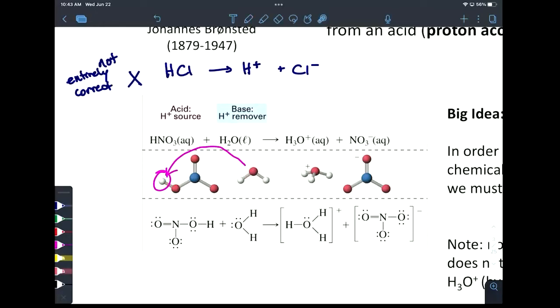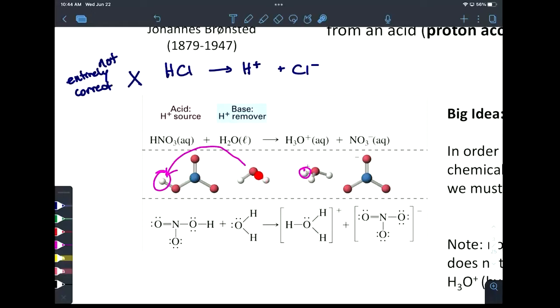Because if you see on this other picture here, do you see where that proton went, where that white ball, that hydrogen went? It went from the nitric acid to the water molecule. So if we go back to our definition, in this reaction did nitric acid donate a proton or accept a proton? It's donating.